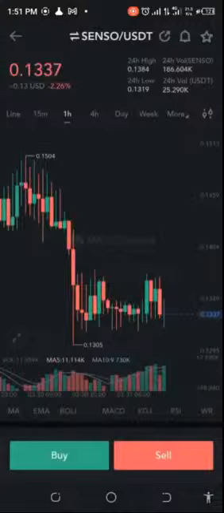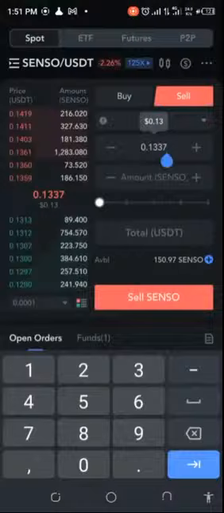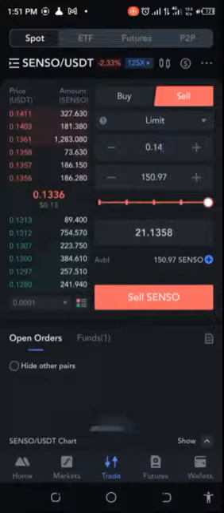Well, what I could do is to actually set a sell limit. Okay, so if I set a sell limit to maybe, let me see, 14, what would that give me? That's been very outrageous or ambitious, right?